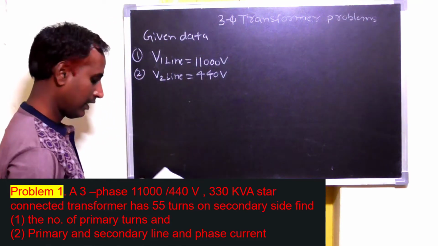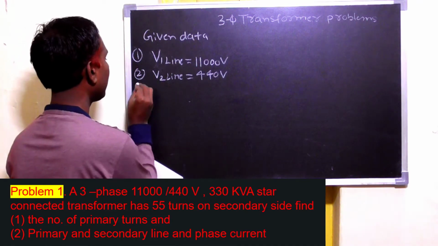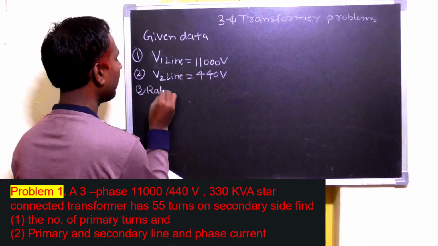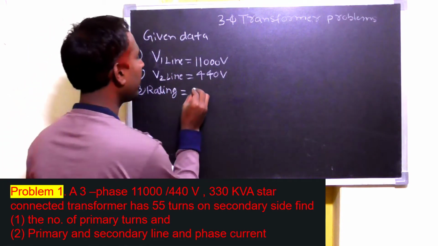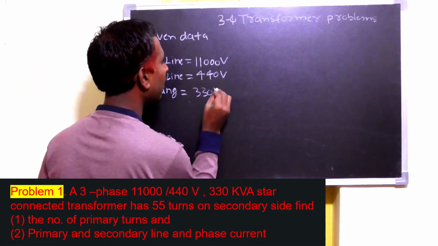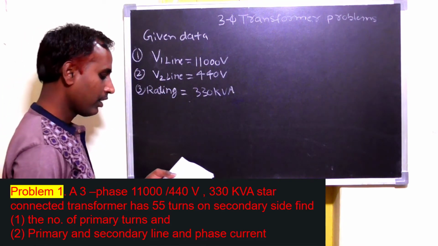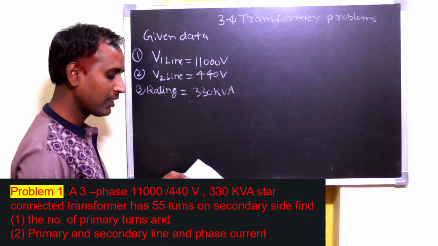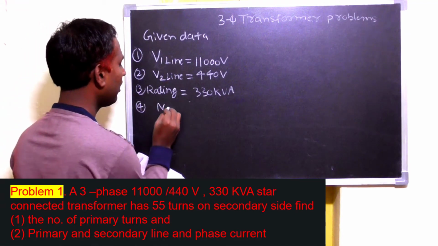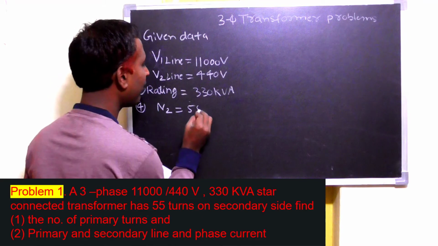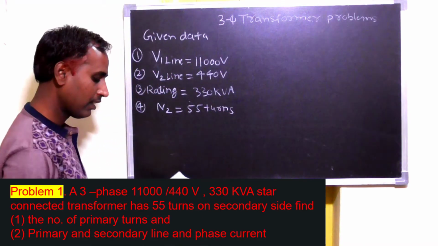Next, the rating. The transformer rating is given, and we have to write it down also: 330 kVA. Next, the transformer has 55 turns on the secondary side, means N2 is given as 55 turns.